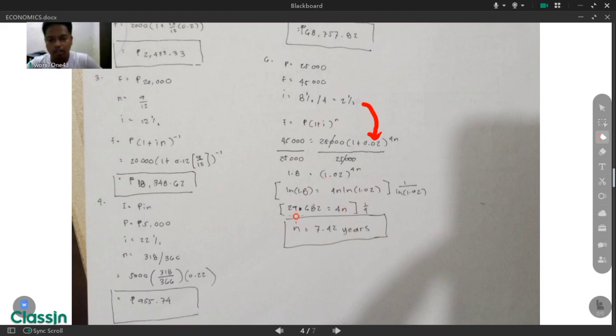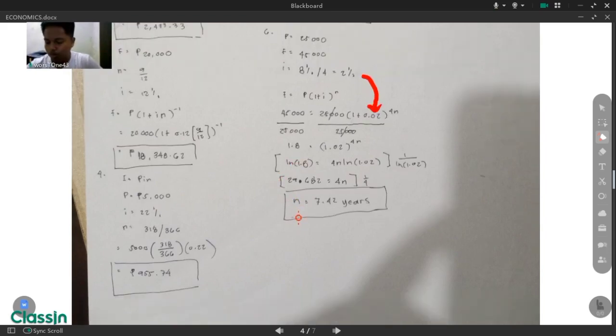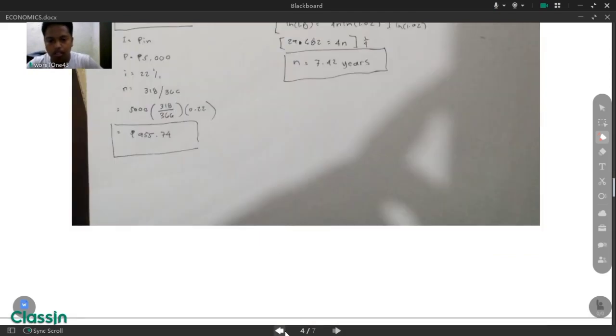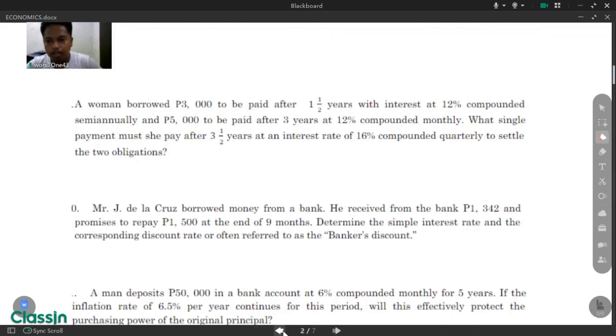So that's our n: in 7.42 years, that 25,000 will accumulate to 45,000 pesos. That would be all for number 6. Proceeding to number 7, going back to the problem number 7.